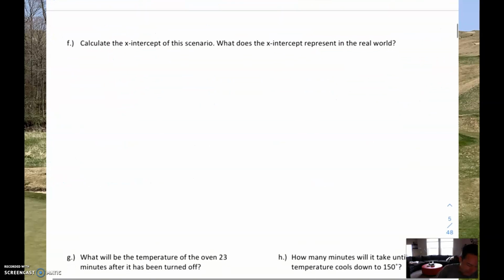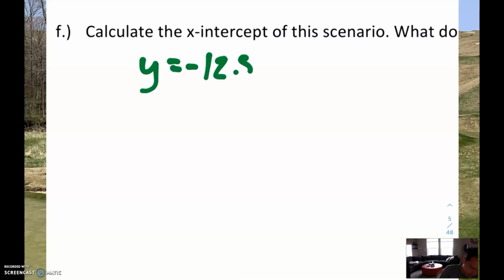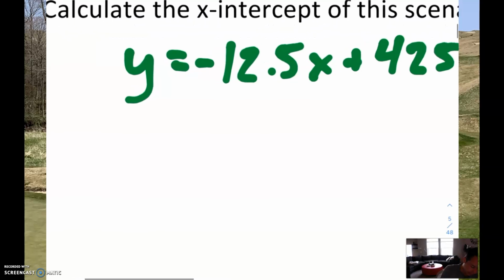And calculate the x-intercept of this scenario. What does the x-intercept represent in the real world? So remember, to find an x-intercept, let's start with our equation. Anytime you want to find an x-intercept, all you have to do is replace the y-coordinate with 0. So let's replace this with a 0.